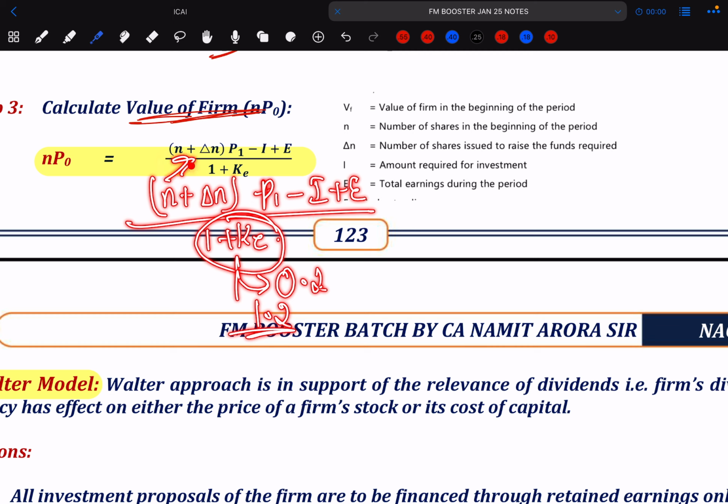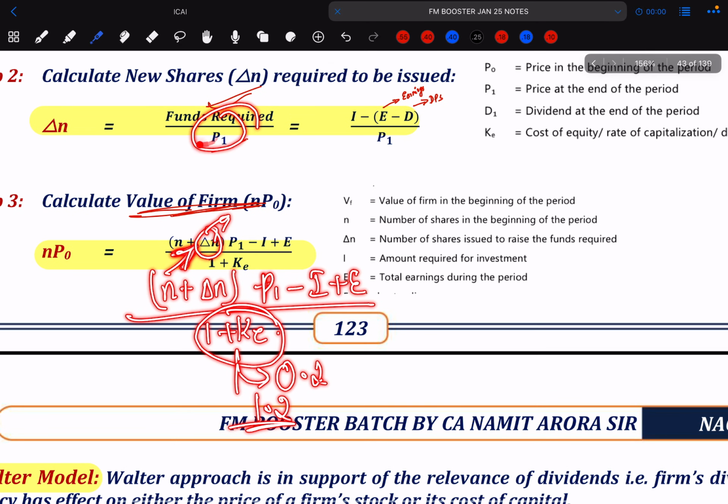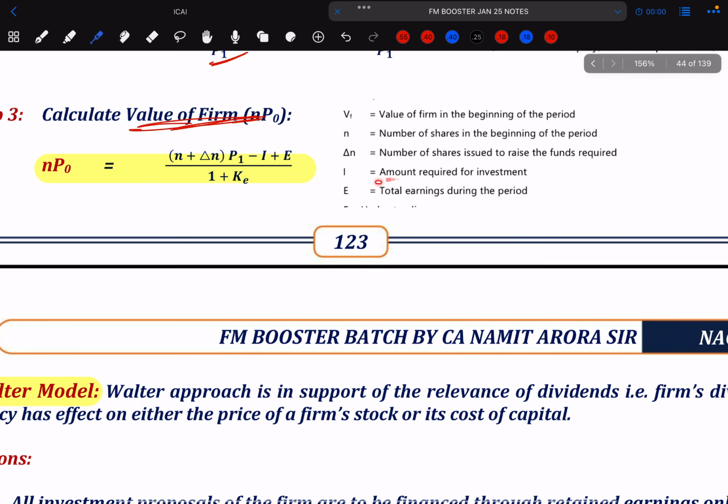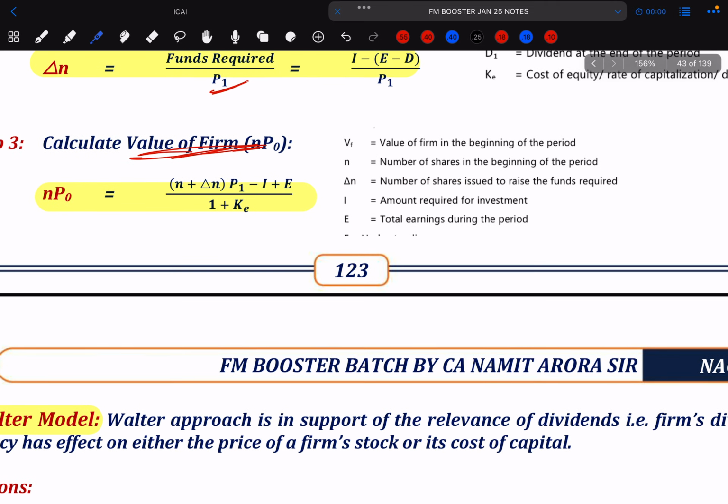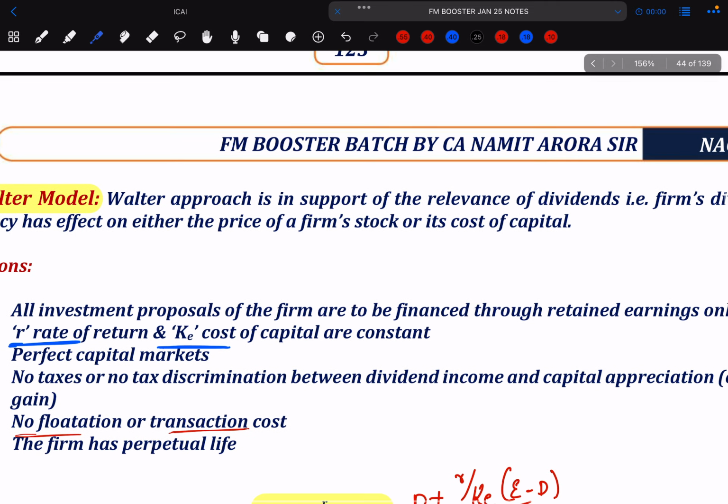Okay, n is the old number of shares, that is at the beginning, and change in n is whatever we have found out here. This one comes here. P1 is the price of today, minus the investment required plus earning during the period.